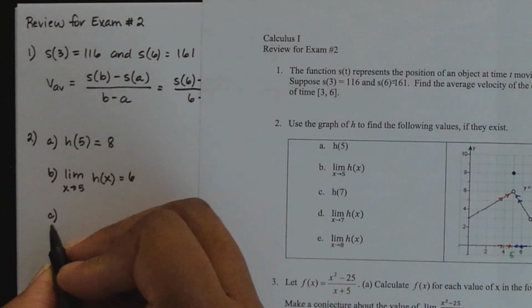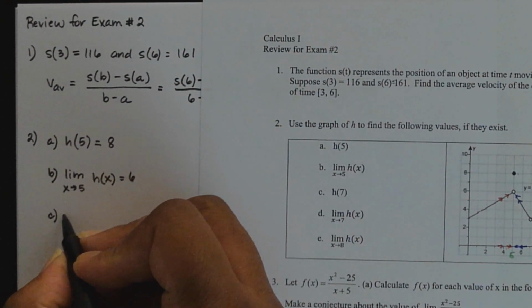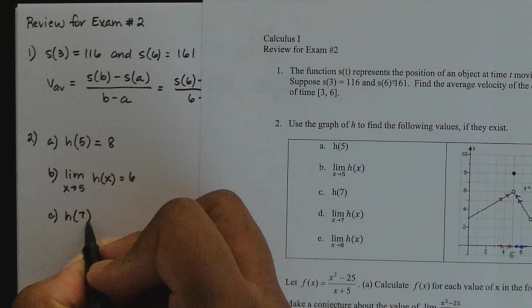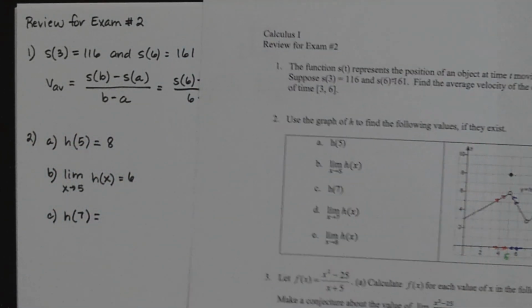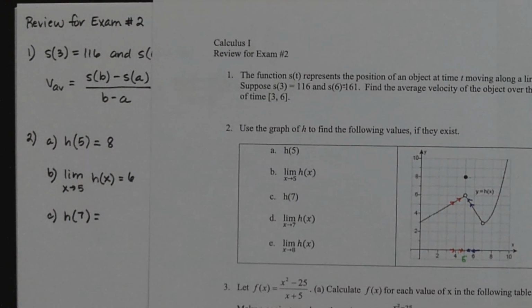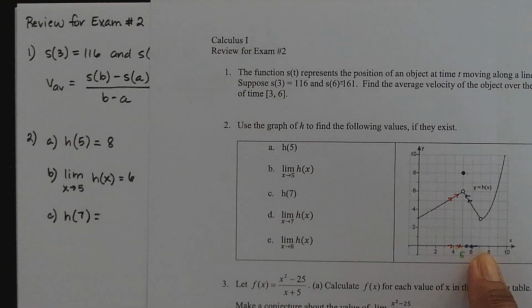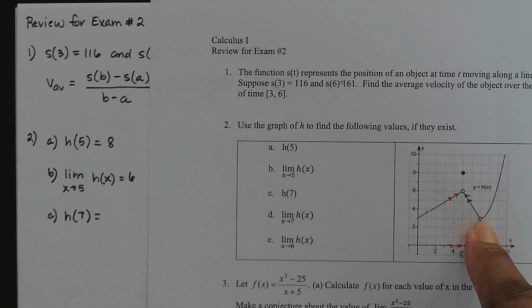All right, now part C is the limit, well, actually h of 7. So we need to know what the value of this function is when x is equal to 7. And notice in this case, at 7, we have an empty circle.